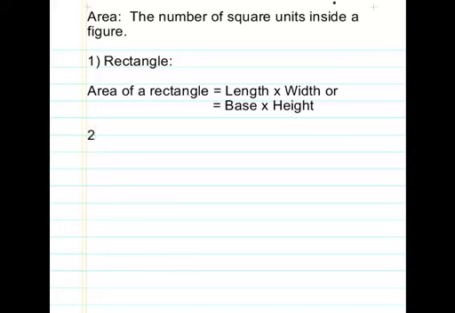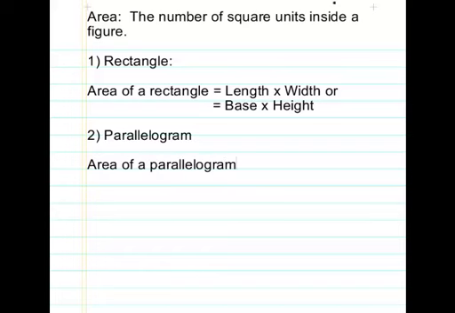A second figure that we looked at yesterday was a parallelogram. We found the area of a parallelogram by taking the parallelogram shapes, cutting them up, and forming a rectangle. So by doing that, we found that the area of a parallelogram is really just the same as the area of a rectangle.